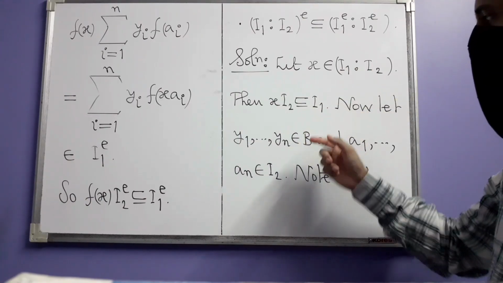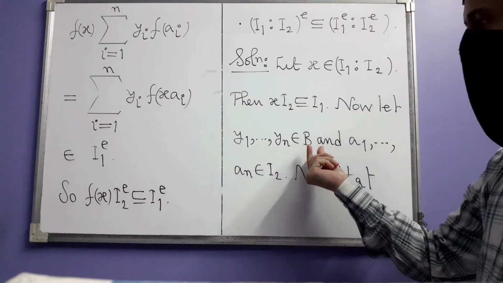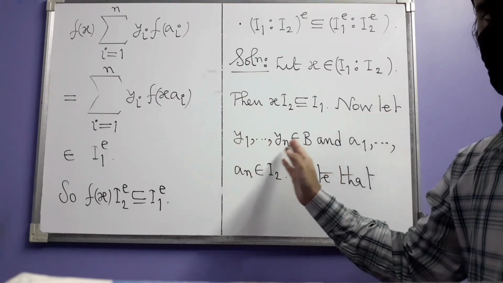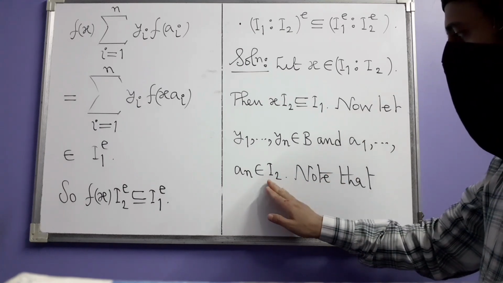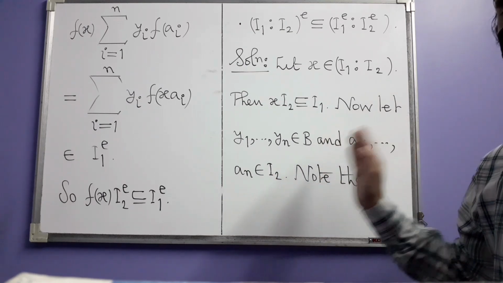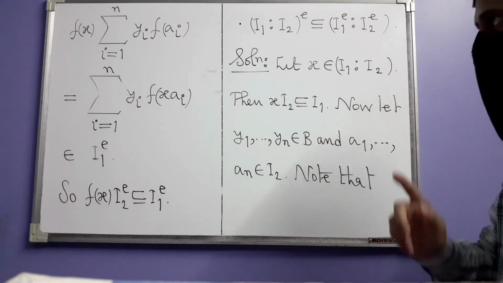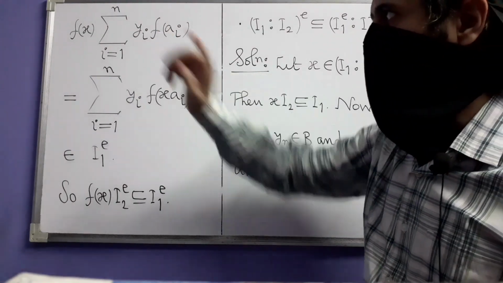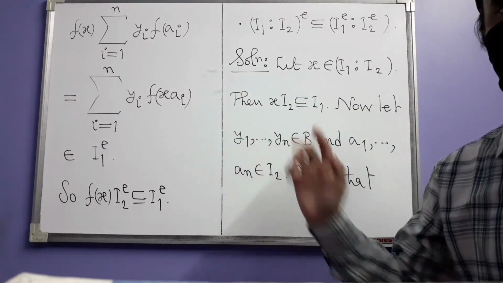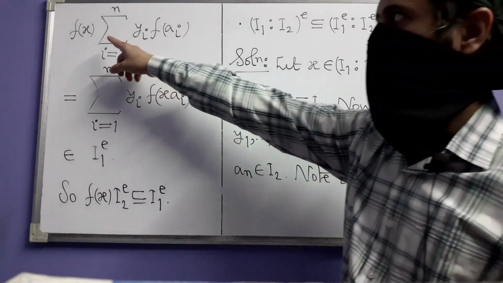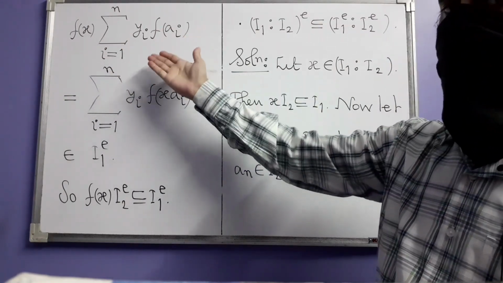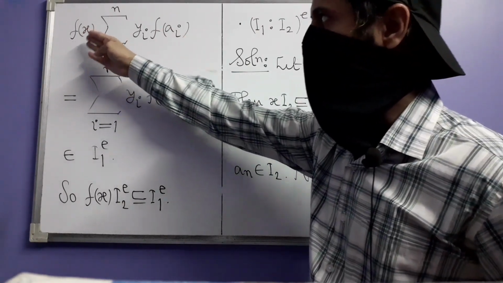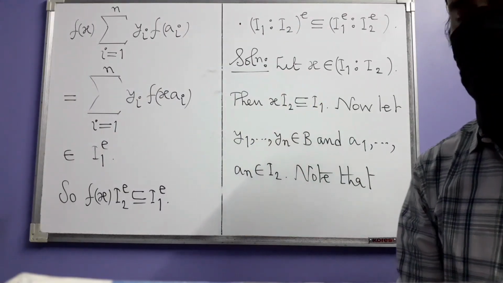Next, let us take some finitely many elements in our ring B, y1, y2 up to yn, and an equal number of elements in the ideal I2, a1, a2 up to an. And we consider this product for all these elements. Outside we have f of x, and in this sum, I call it a product because it is f of x times something, right?